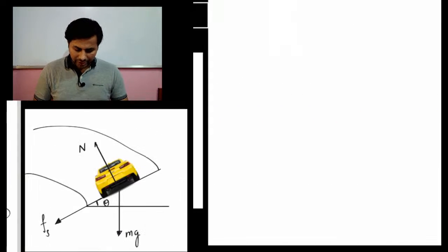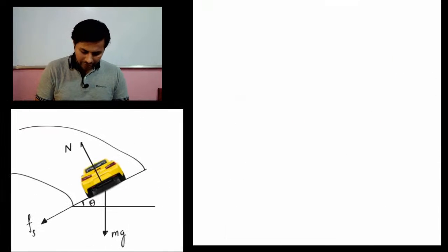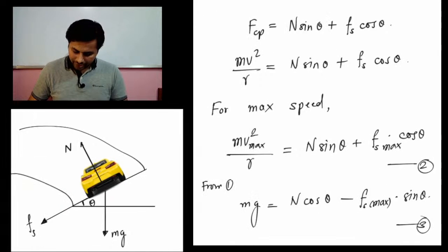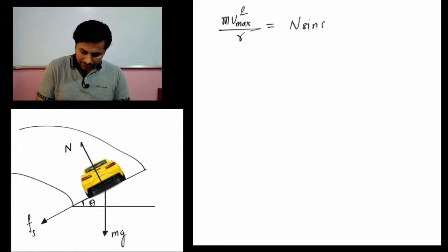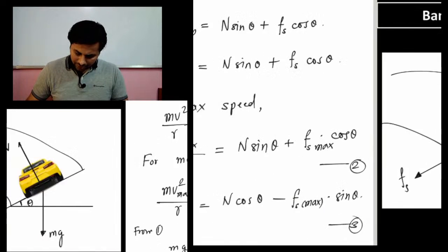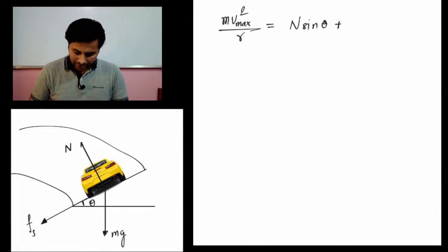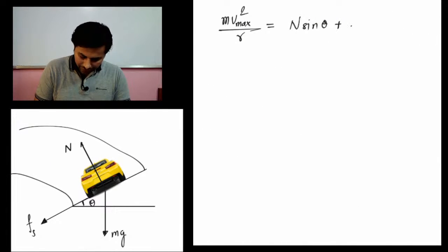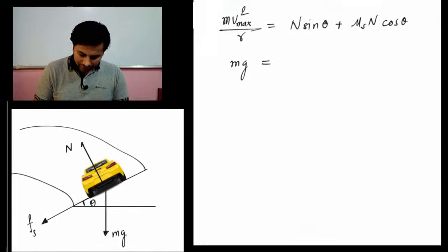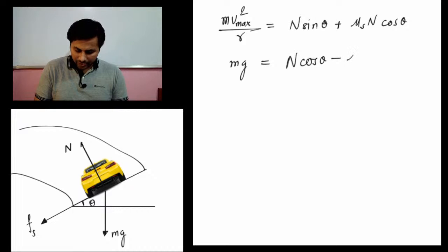So from equation 2 we get m v max square over r is equal to N sin theta plus Fs max into cos theta, so it is mu s multiplied by normal reaction into cosine theta, and from the third equation I can say mg equals N cos theta minus mu s multiplied by N into sine theta.